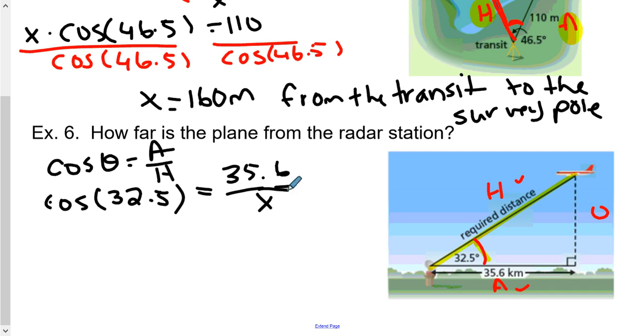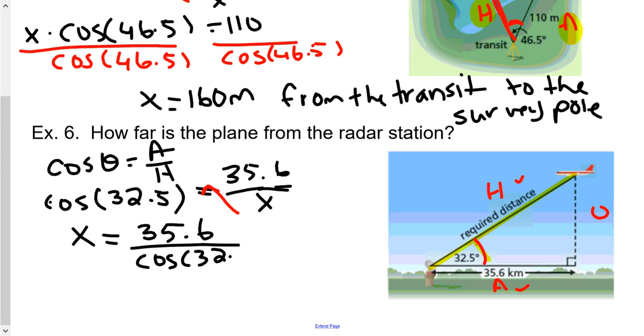Cross multiply and divide. Bring that x to the other side. X equals 35.6 over cosine 32.5, because we know this is where we're going to end up. We've done it about 3 or 4 or 7 or 8 times at this point.